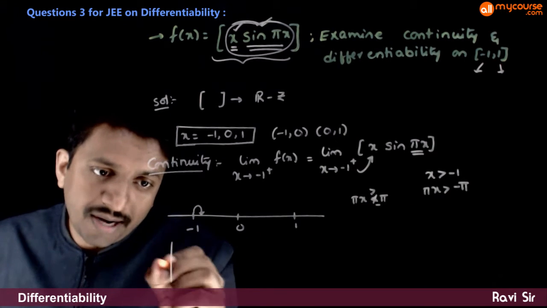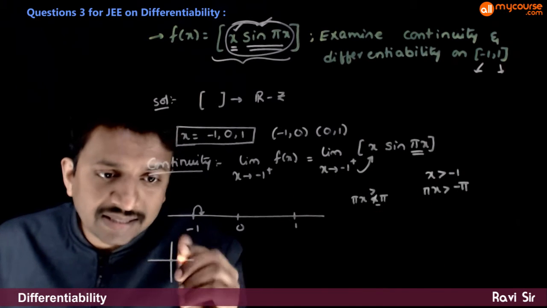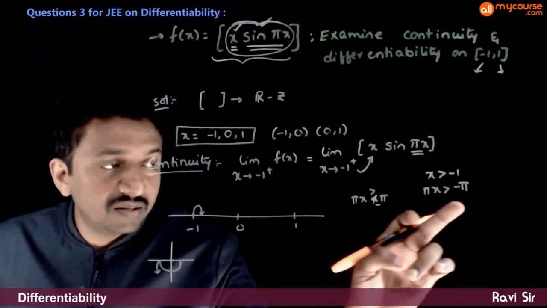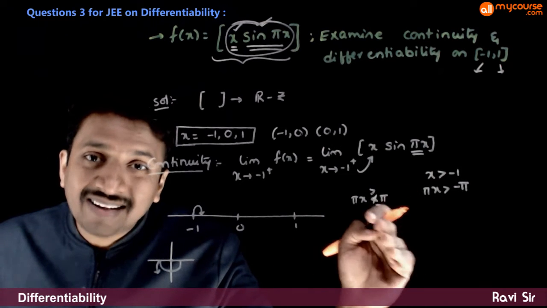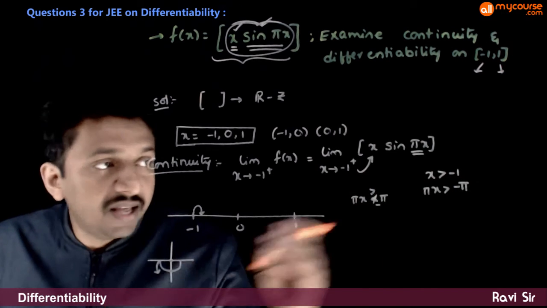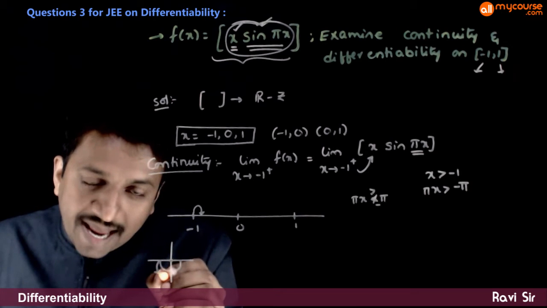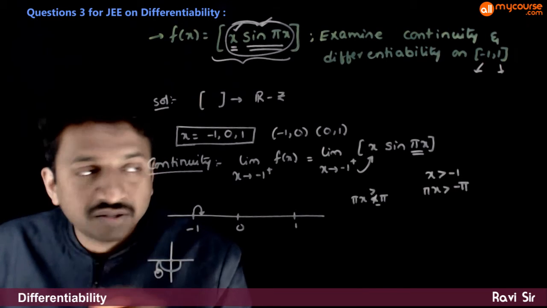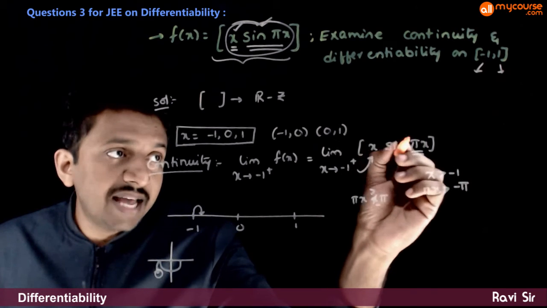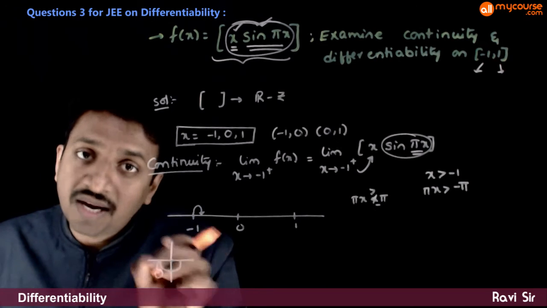If you take the quadrant diagram, pi x is minus pi plus something, so pi x is slightly on the greater side of minus pi. If an angle is slightly greater than minus pi, you get the angle in the third quadrant. So sine pi x is slightly negative but very close to 0.